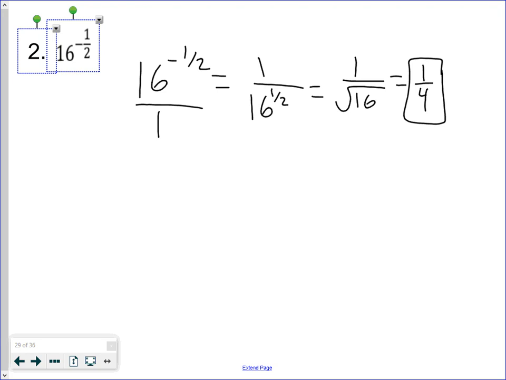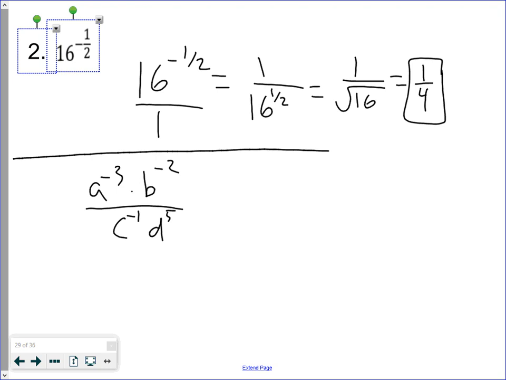And I do want to touch a bit on flipping negative exponents. If we have 16 to the negative 1/2, we just flip it to the other side. But if we have something like a to the negative 3 times b to the negative 2, all over c to the negative 1, and d to the 5th, so this is a whole new problem.